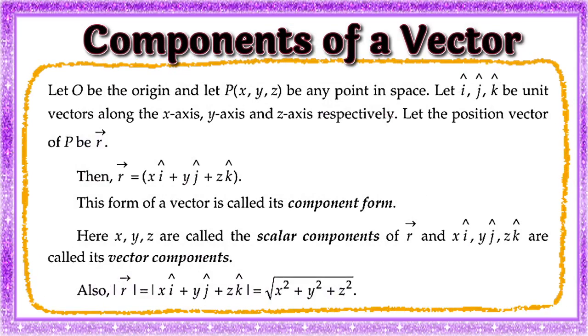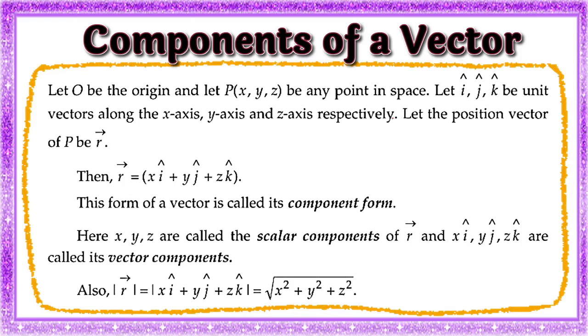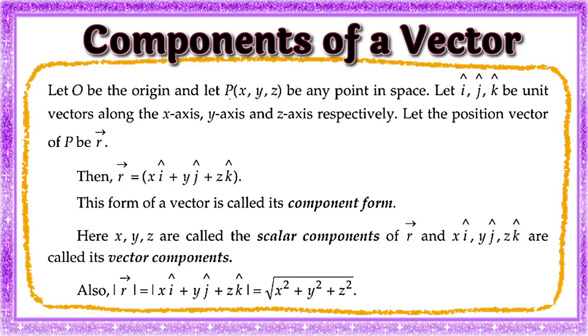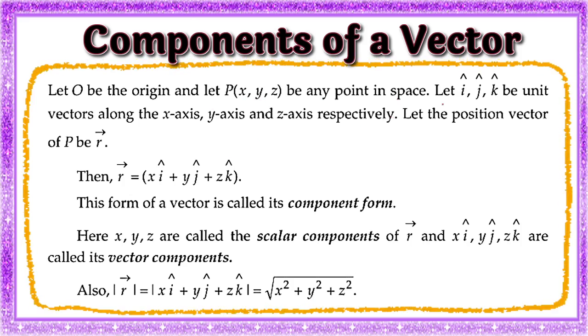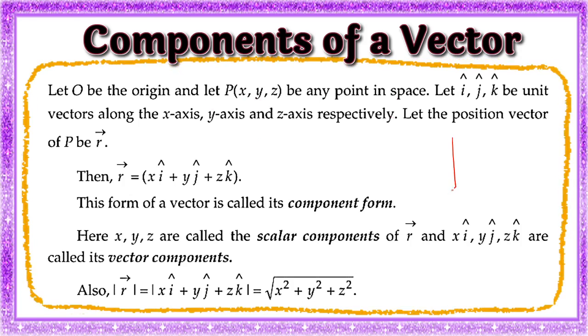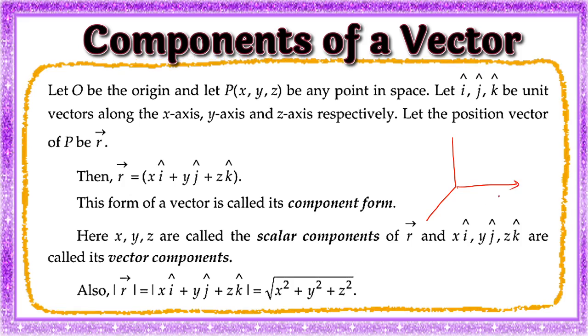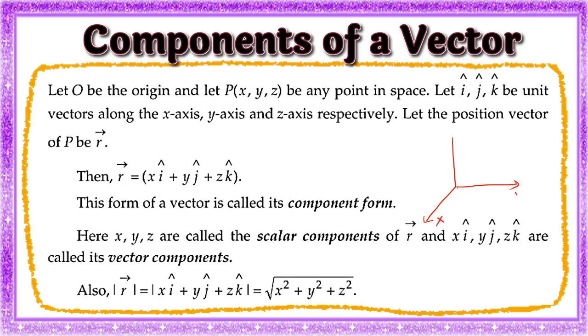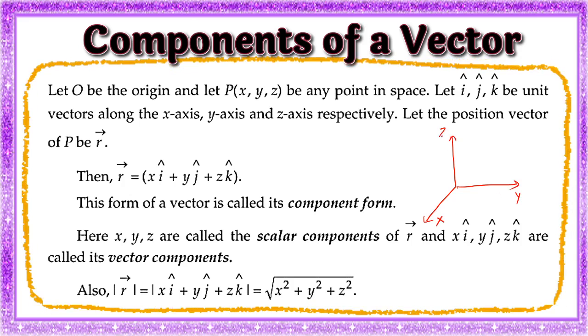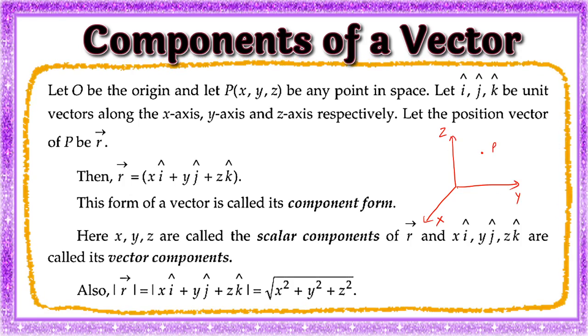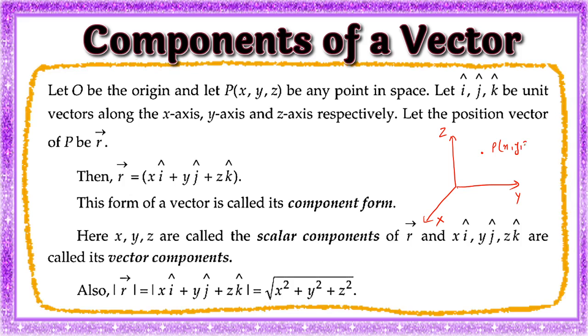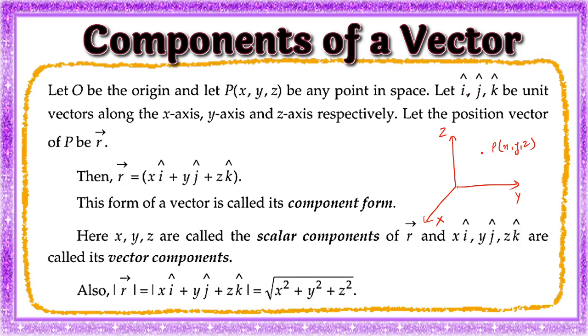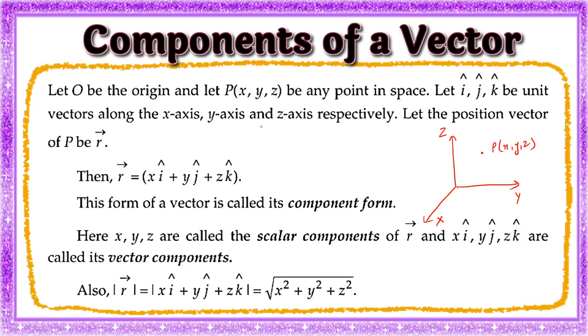The next topic we have is components of a vector. Let O be the origin and P be any point in space, right? If we have a 3D plane like this, X, Y and Z, now P is any point in this plane. Let i cap, j cap, k cap be the unit vectors.